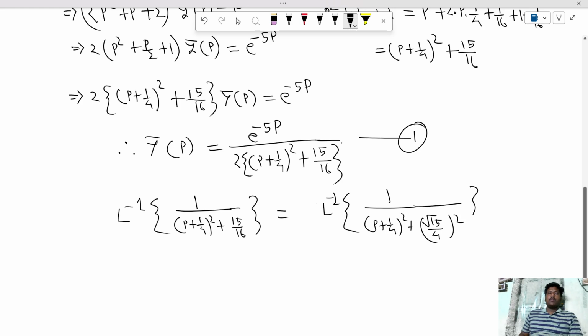And we know by the formula, this is nothing but 1 by root 15 by 4 sine inverse as p plus of 1 by 4. So this is e to the power minus 1 by 4 into t sine of root 15 by 4 t.